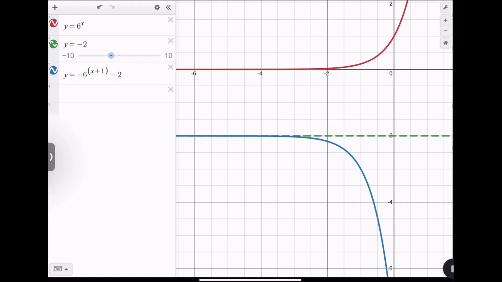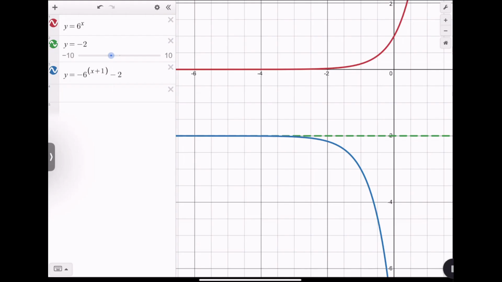What kind of shift did I go left and right wise? I went left 1 unit, didn't I? So that means inside the parentheses I got a plus 1. Everybody understand? I can see that there's a reflection over the x-axis, which means my y went from positive to negative. So there's got to be a negative in front of that 6. Is that fair?